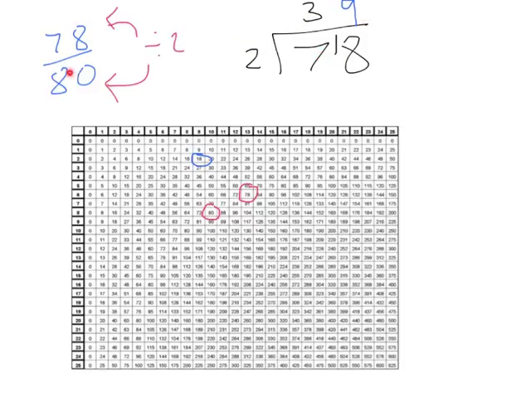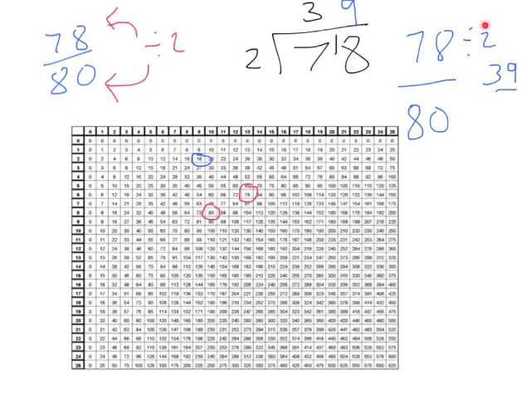So going back to the fraction, we can say that 78 divided by 2 equals 39. What about 80? Because remember, we have to find one number that goes into the numerator and the denominator equally.